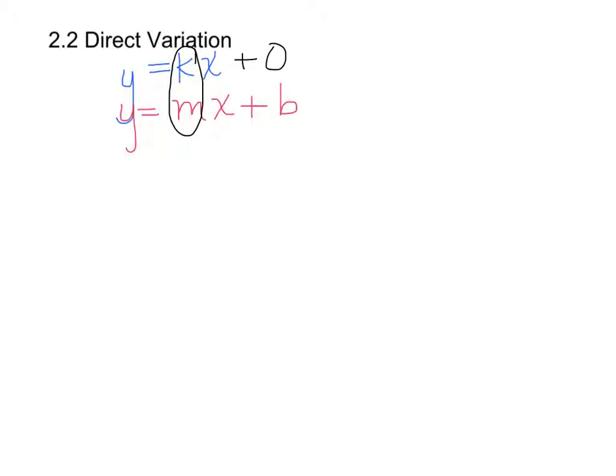And one way you can look at it is, I always think of it as one increases, the other increases, or one decreases, the other decreases, because they are directly related. And so we're going to look at this example to determine whether or not the relationship is directly related.